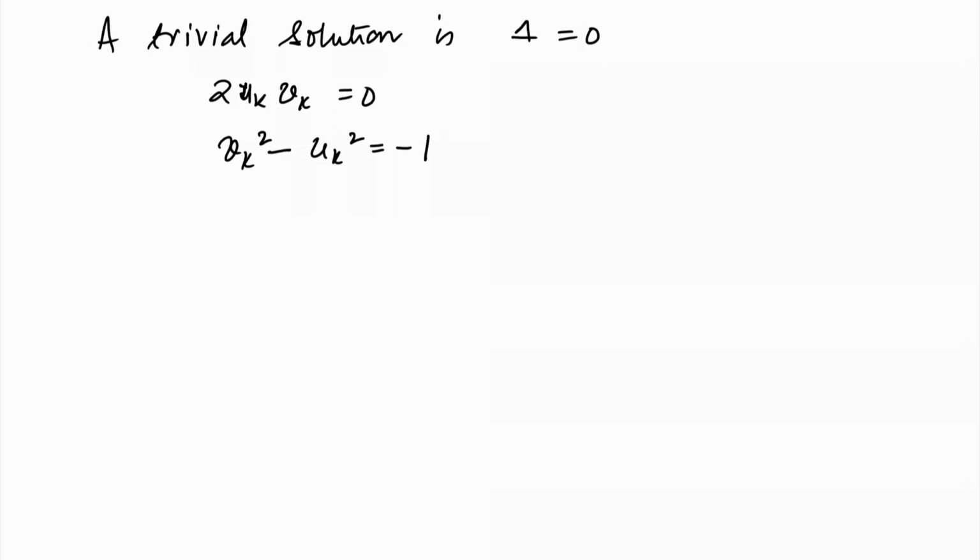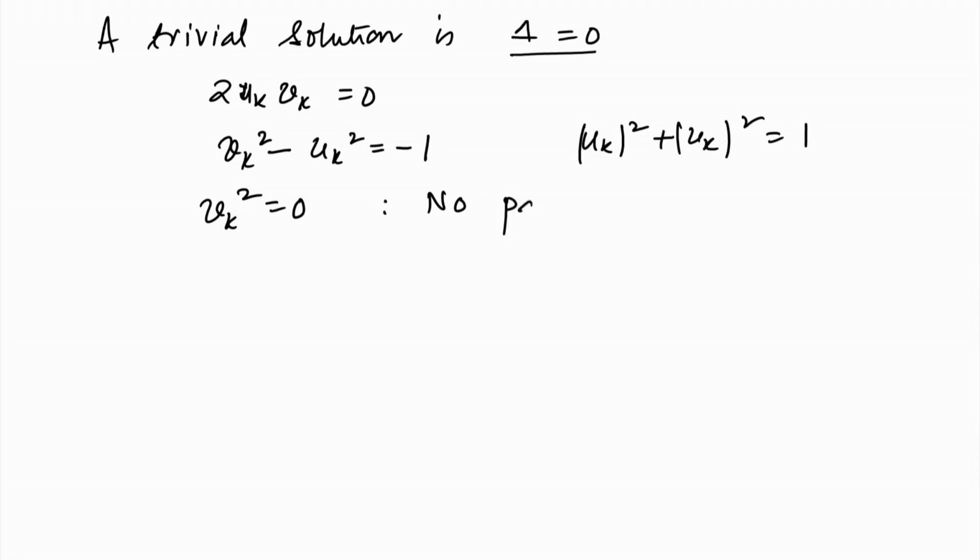But then we have the normalization condition, that mod u k square plus mod v k square is equal to 1, which tells that v k square equal to 0. So, delta equal to 0 implies that v k square equal to 0. So, there are no pairs, and hence this should correspond to the normal state.